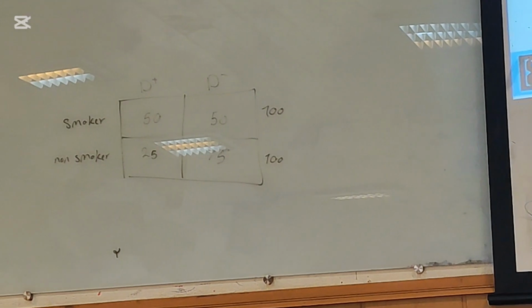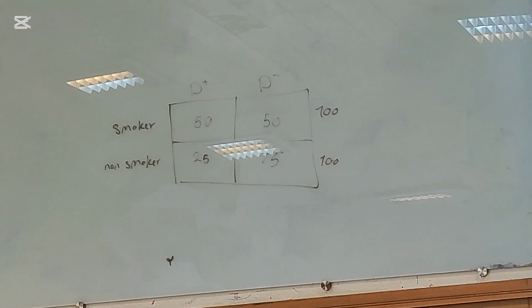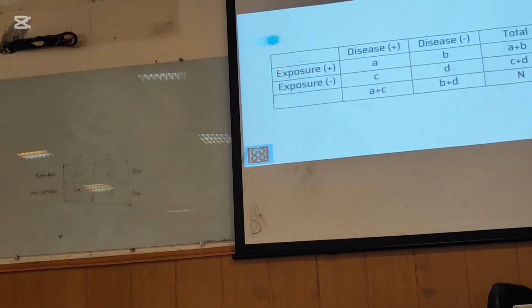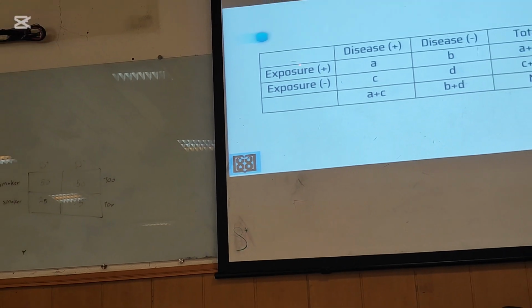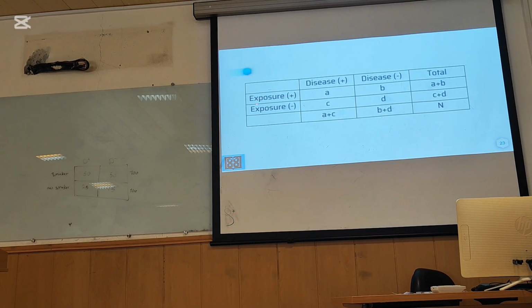For example, when we have a cohort study, the starting point is here. We should select some exposed persons and unexposed persons. After that, you should follow them.